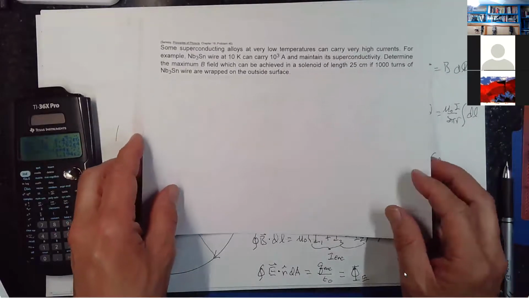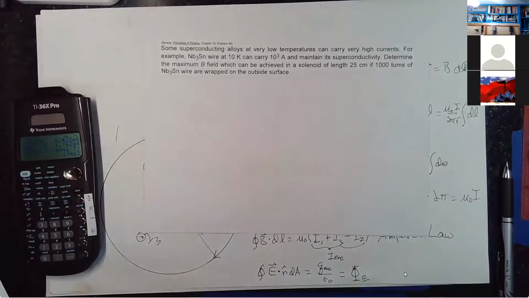This one might be more fun. Some superconducting alloys at very low temperatures can carry very high currents. For example, some wire, NB, is that niobium? I don't know.